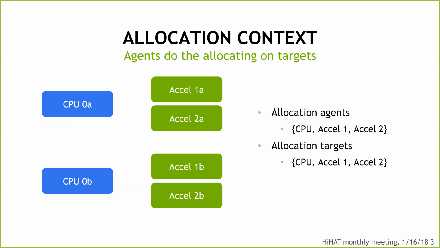It's also the case that you may decide something like, well, for the sake of locality or something that's going on with partitions or whatever, we may subdivide the overall resources and say, hey, CPU 0A, you're responsible for managing a particular subset of the resources that are hanging off of you or that are accessible from you.